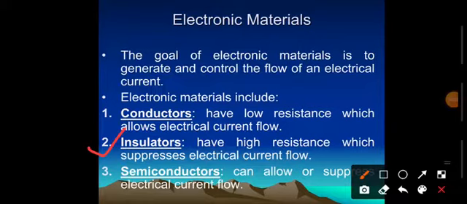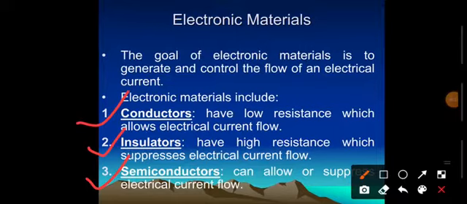The third category is semiconductors. Semi means half. They can act as a conductor or they can act as an insulator. They can allow or they can suppress the electrical current flow. That means as per our requirement we can use them as a conductor or as an insulator.